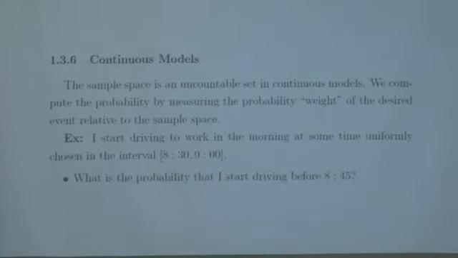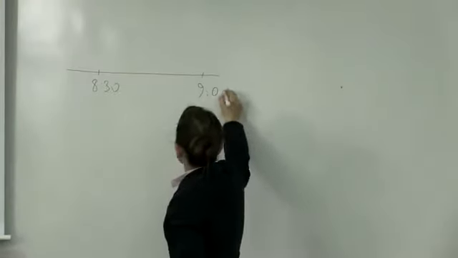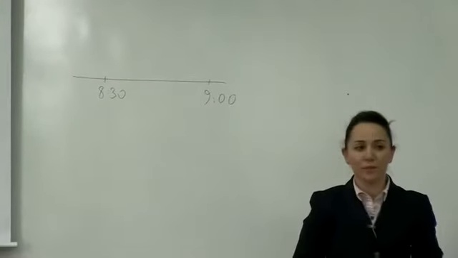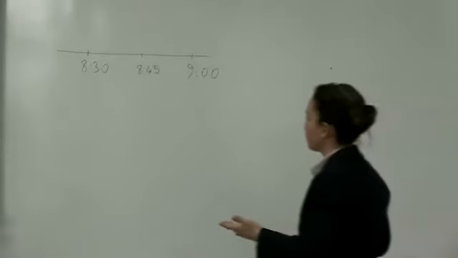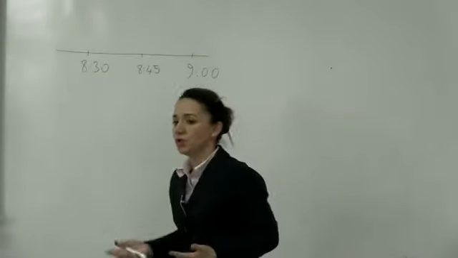I start driving to work at some time uniformly chosen from 8:30 to 9. What is the probability that I start driving before 8:45? How did we answer that question previously? Do you remember? By intuition.